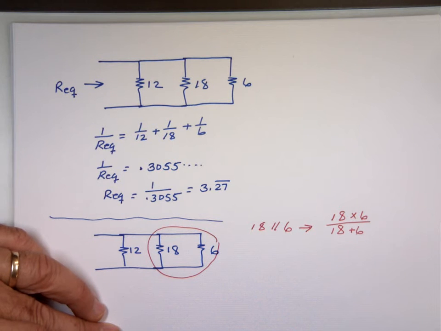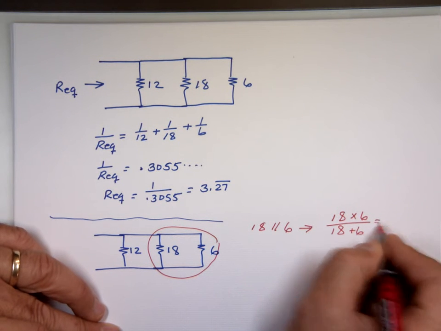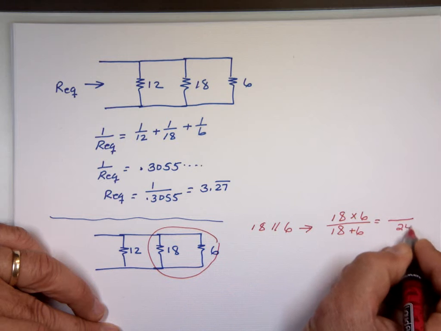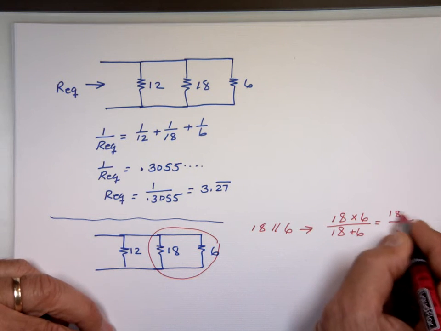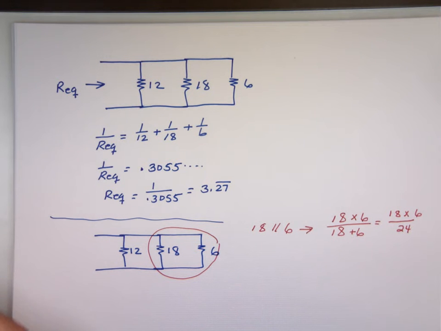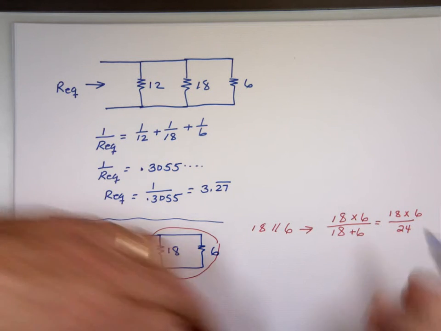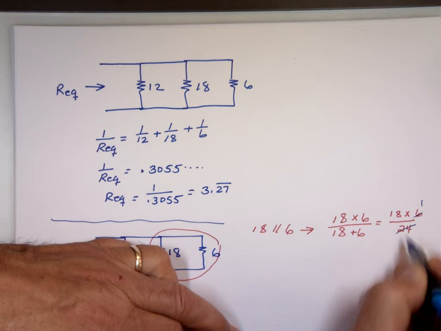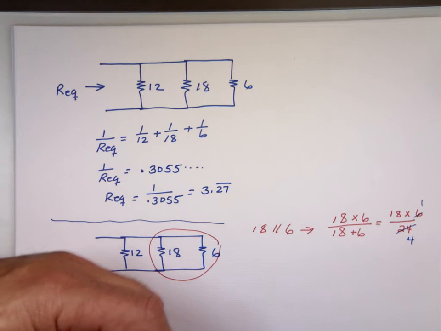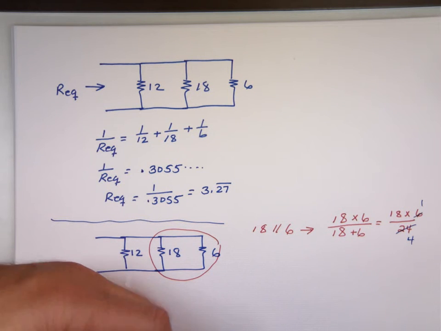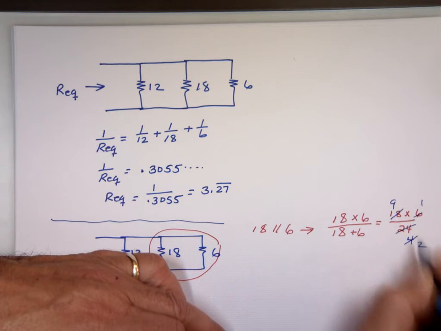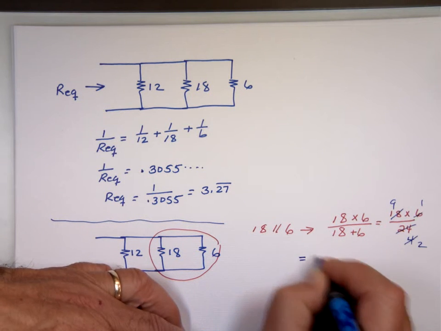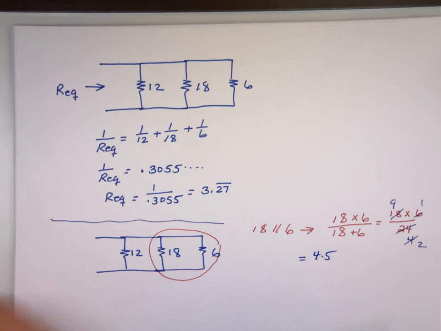What's 18 plus 6? 24. And the top is what? 18 times 6. I can simplify it while I'm here. By 6, this is 1. By 6, this is 4. By 4, I can't. By 2, this is 2, this is 9. 9 over 2, which is what? 4.5? Yep.